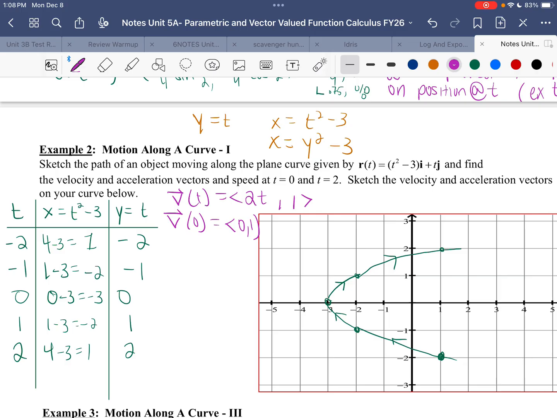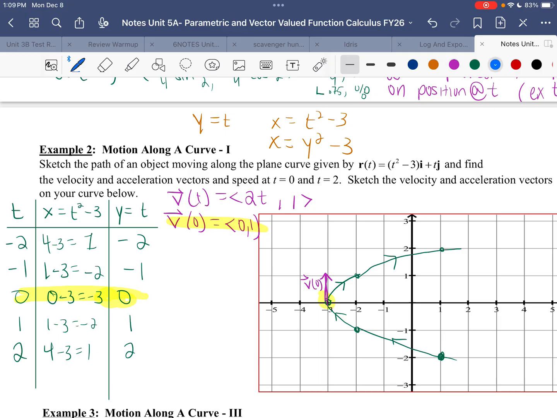Okay, so at 0, what point were we at? When t was 0, we were at the point -3, 0. So we're going left and right 0 and up 1. This is v at 0.